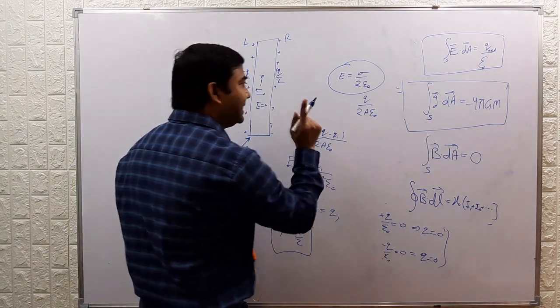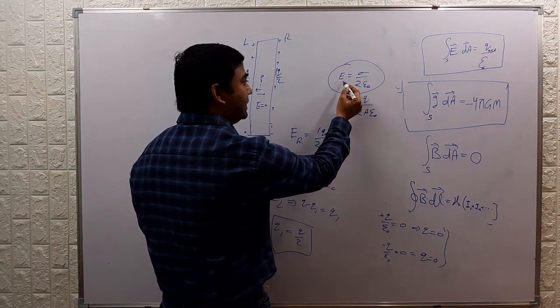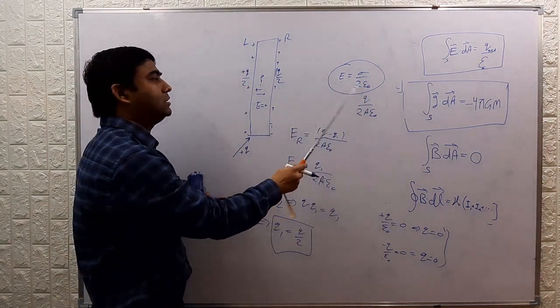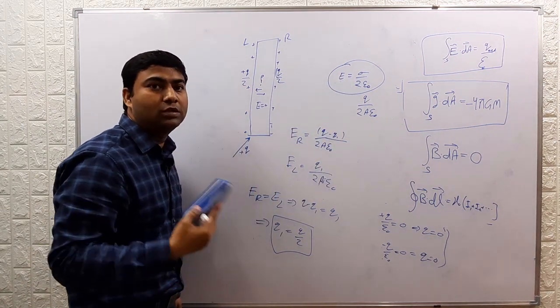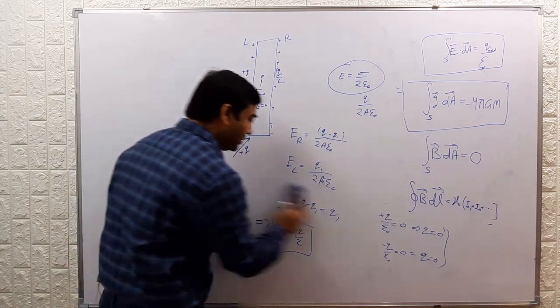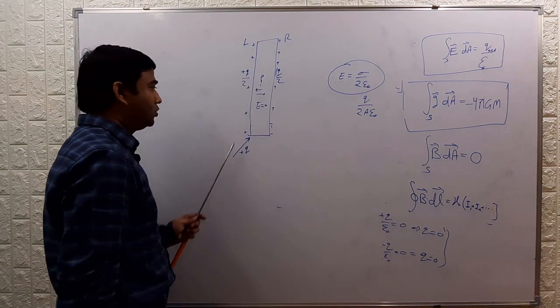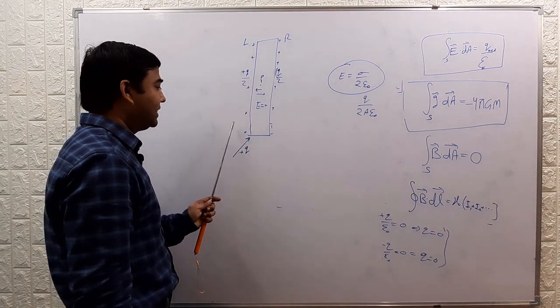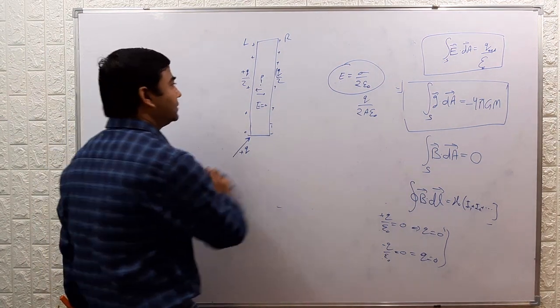And for a single charged surface, electric field is given by this formula. So this formula you can use in many places to simplify the problem. Another conclusion we have drawn is that when a charge is given to a conductor sheet, this charge is uniformly distributed at both faces of the sheet.